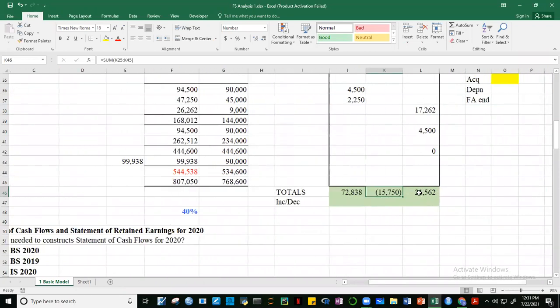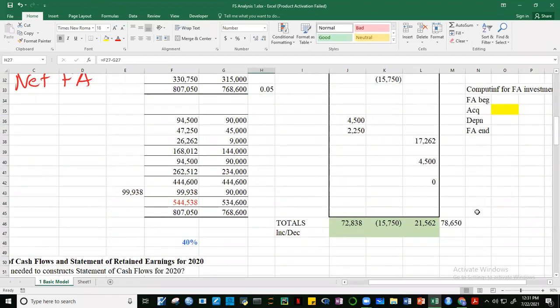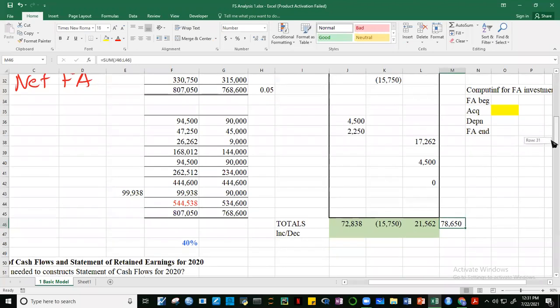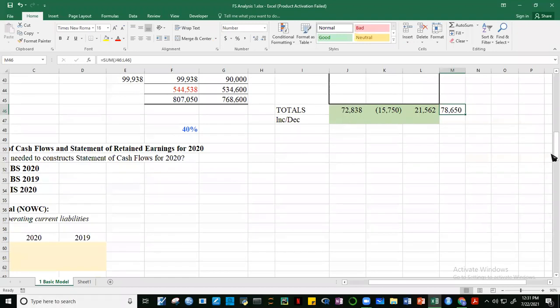Tapos source of cash sa financing 21,562. If we sum this up, you get 78,650. Houston, we have a problem, kasi ang lumalabas sa net increase in cash natin 2,250. Bakit ito 78,650? So may mali tayo. Next meeting we're going to discuss that. Finish this next meeting hanggang sa dulo.